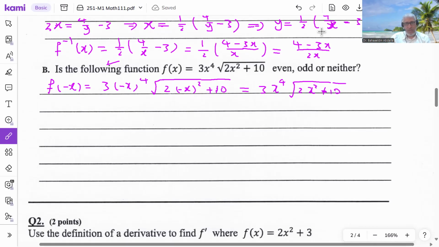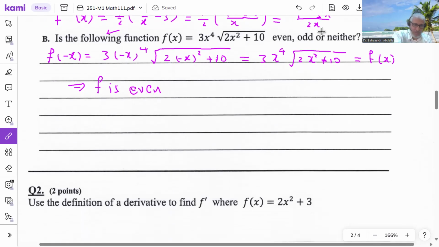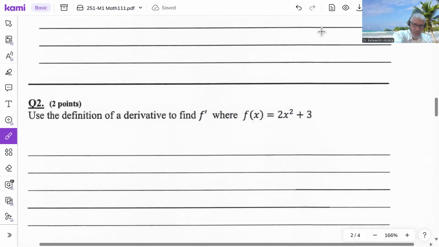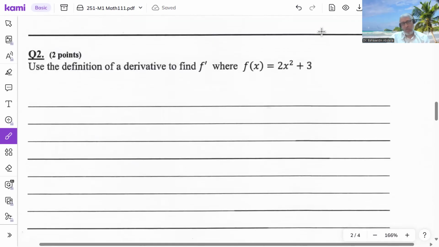It is in fact exactly f of x. So I find that f of negative x equals f of x. This means that f is even. This is the definition of the even function. If it is not even, then I check whether it's odd. If it is not odd, then I say that it is neither.